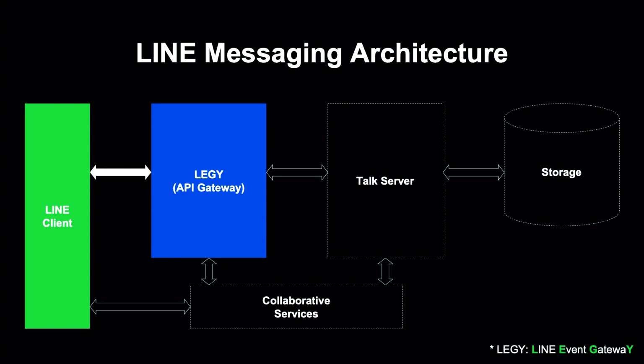Because most traffic to LINT services come through LEGY, LEGY must be able to handle the connections in an efficient and reliable manner. Also, it must be secure. So let's see how the protocol between LINT clients and API gateway has been changed.